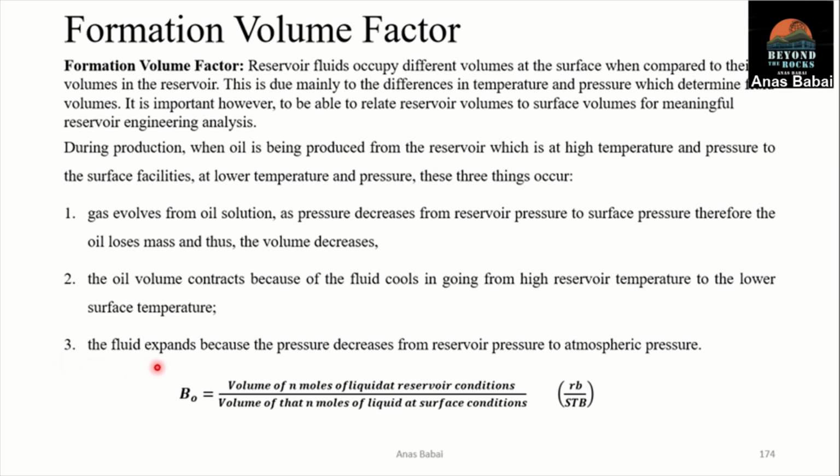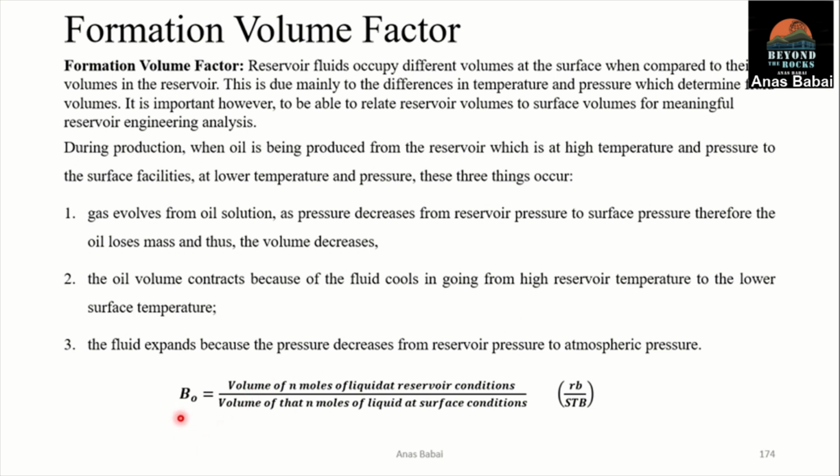At the same time, those fluids will expand because the pressure will decrease on the surface compared to that in the reservoir. So those fluids will basically expand.